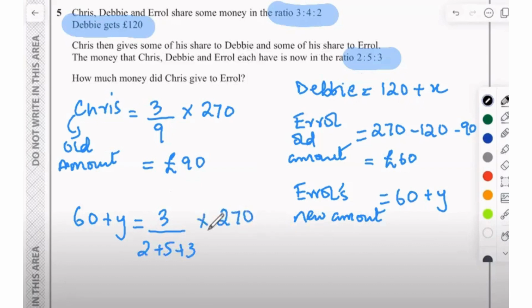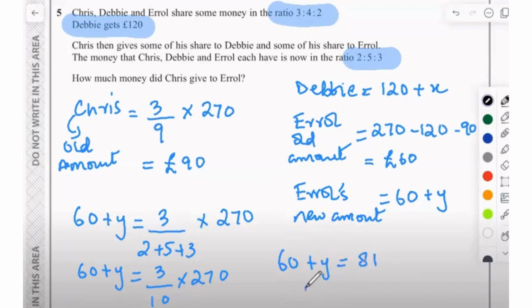Like I said previously, the total amount is not changing. It's still going to be 270. So 60 plus y equals 3 over 10 times 270. So that is going to be 60 plus y equals 81. y equals 81 minus 60, and that is 21.